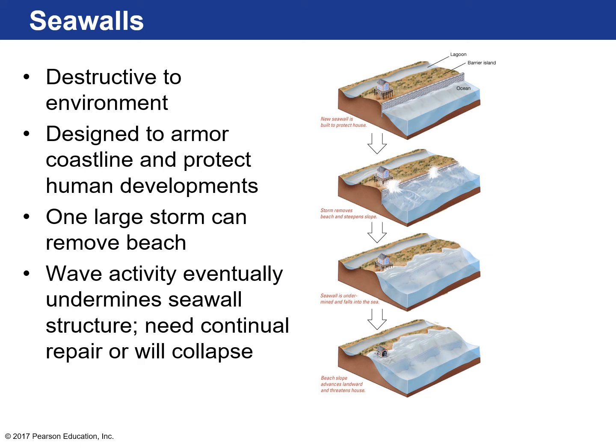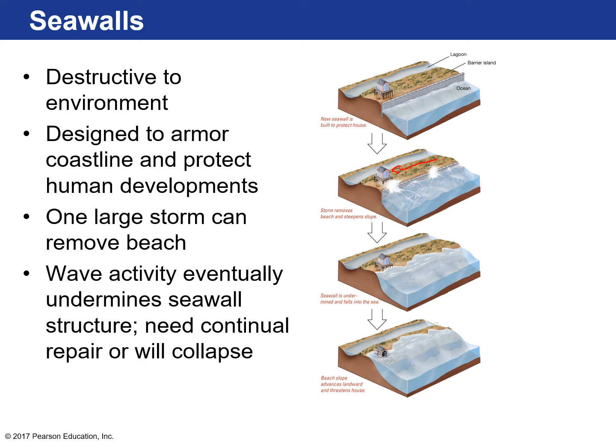Seawalls, on the other hand, are the worst of the worst, because they typically build these giant seawalls on a barrier island, or where the coastal cliff is. It's designed to armor the coastline and protect it, especially human developments like our homes or businesses or any communities that are close to the water.